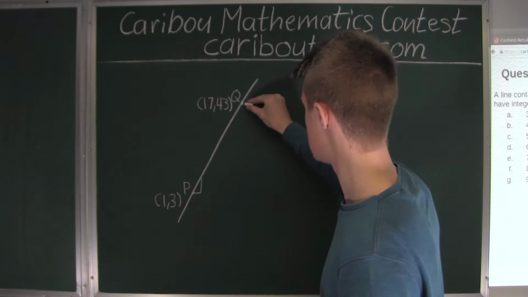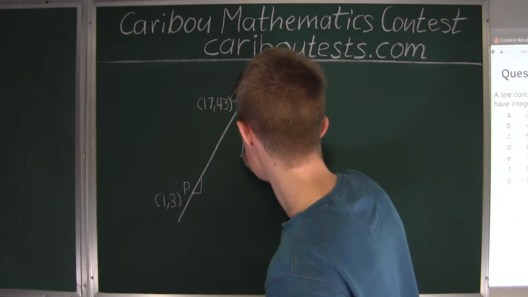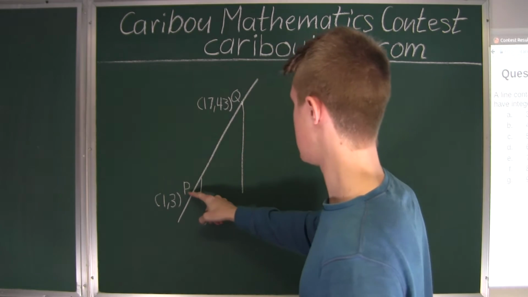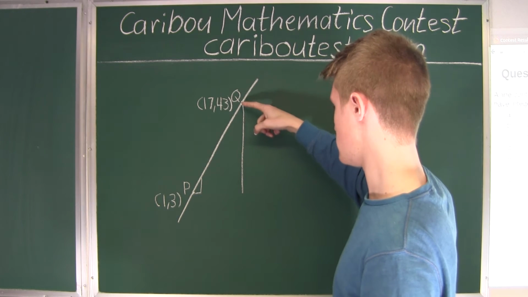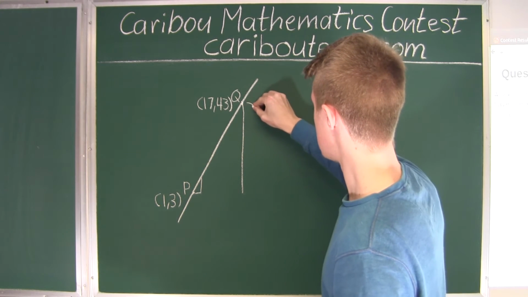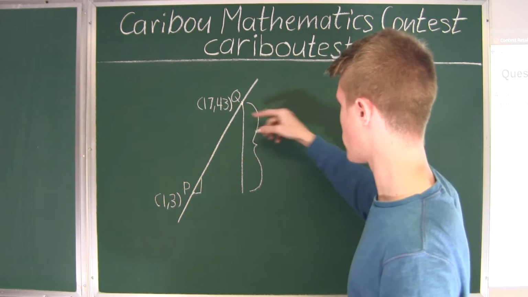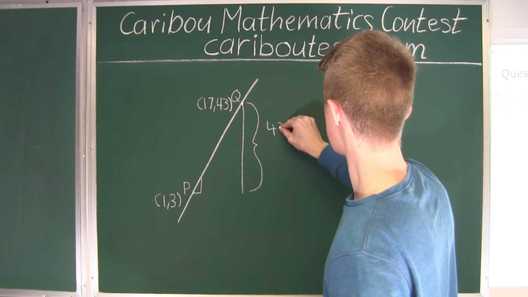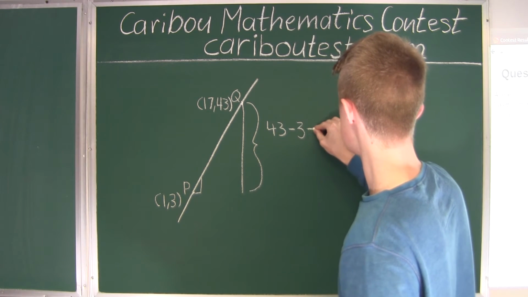Okay, so let's do this. Here we have the two y values, and this here is the change in y. We have 43 minus 3, which is equal to 40.